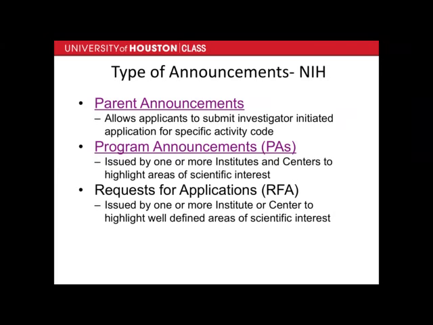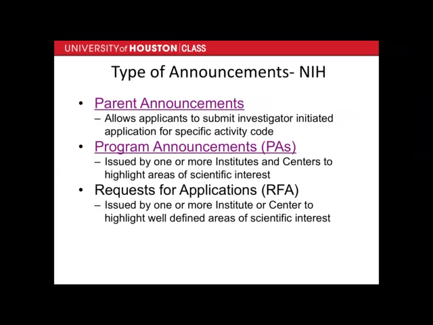The activity code specifies the type of grant under whatever program that you're applying for. But in this case with a parent announcement, it's not necessarily program specific. Again, it's investigator initiated, where the investigator is pretty much proposing their own research, as long as it falls within the institutes and centers that are involved.